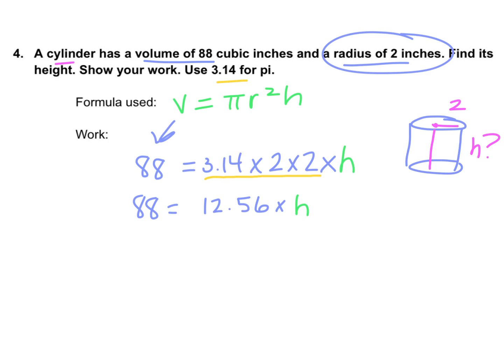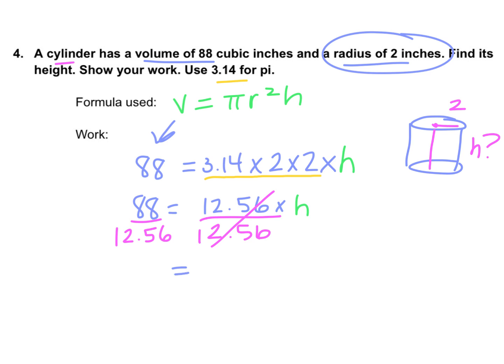Now I need to get h by itself. I'm going to isolate that variable. Since this is multiplication, to isolate the variable, I'm going to divide both sides by 12.56 to get h by itself. So this is equation solving that we had done in the previous chapter.